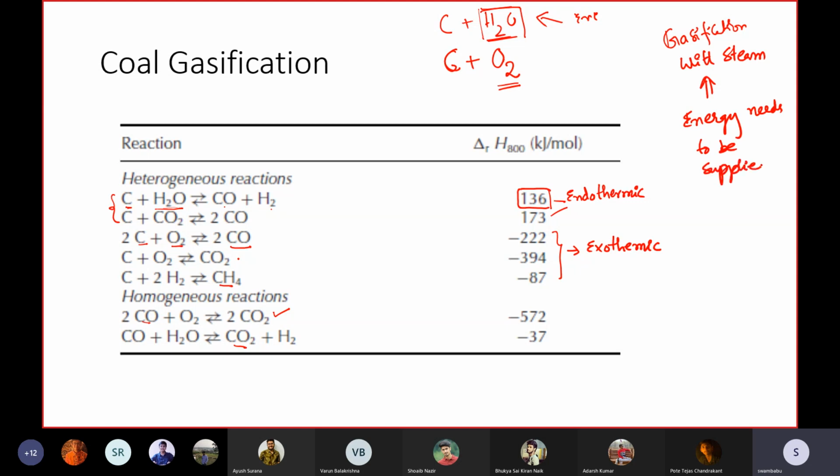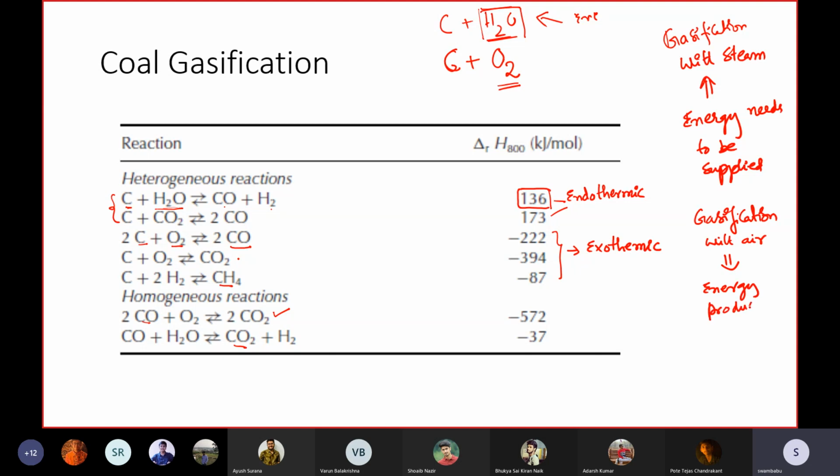Whereas gasification in the presence of oxygen is an exothermic reaction, energy will be produced. Gasification with air releases energy.